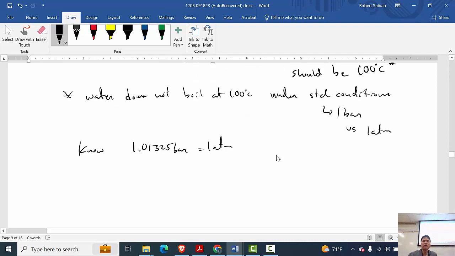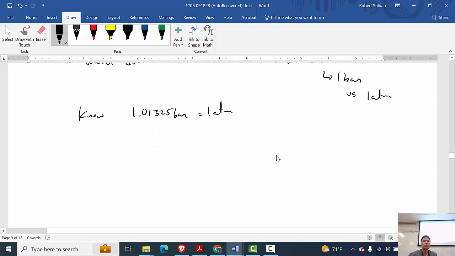So how can we figure out at what temperature water boils at a different pressure? And so we have to think back to Chem 1A. Do you recall anything from Chem 1A that will allow us to figure it out?